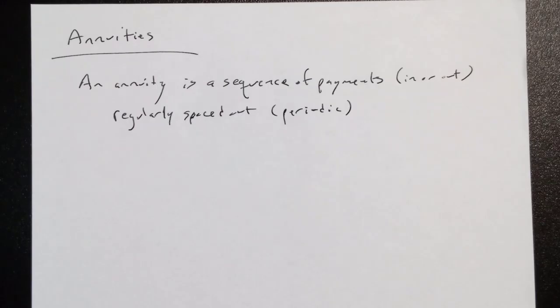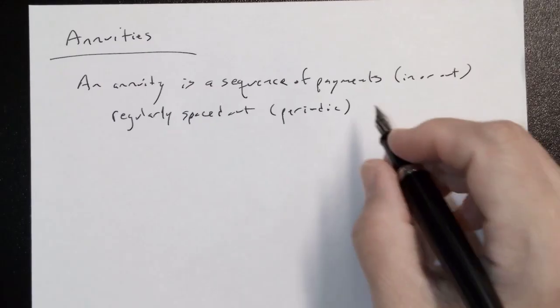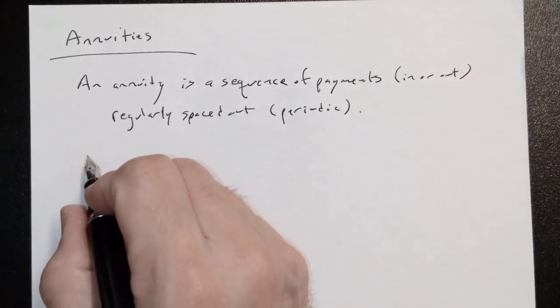Some of them are contingent on circumstances. Life insurance: you pay regularly in to a fund, something happens, you get a cash settlement. But I want to look at what are called annuity certain, which don't have any circumstances to them.